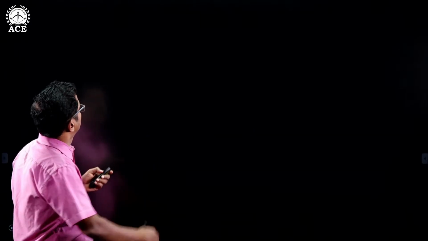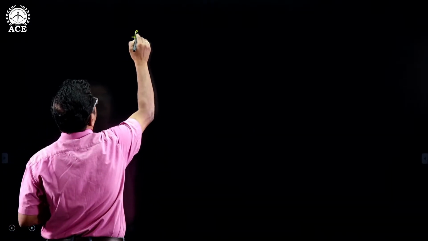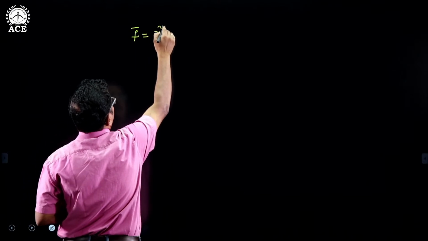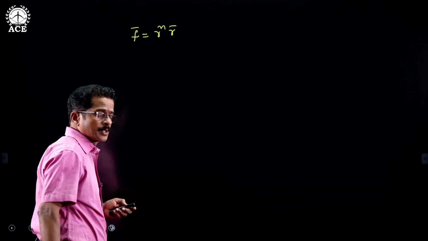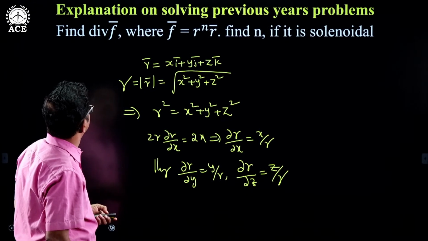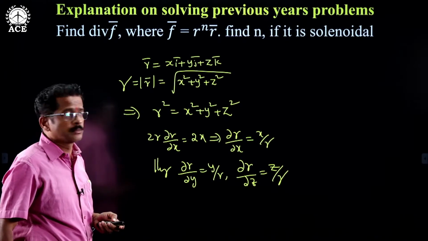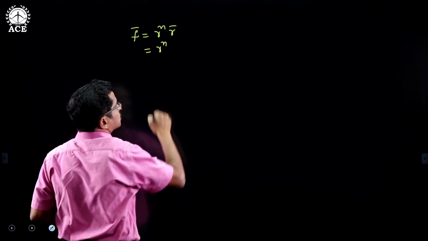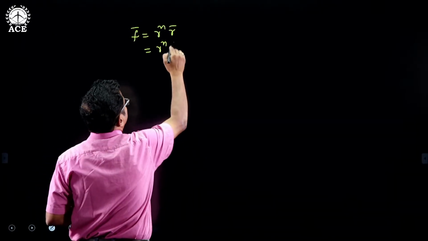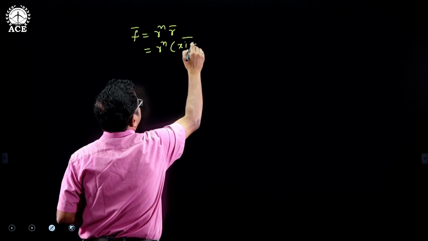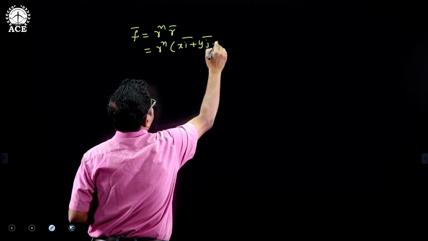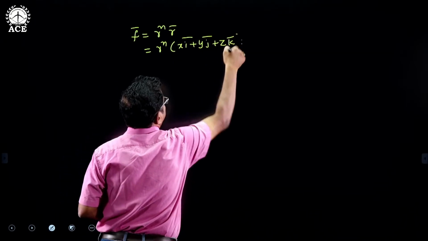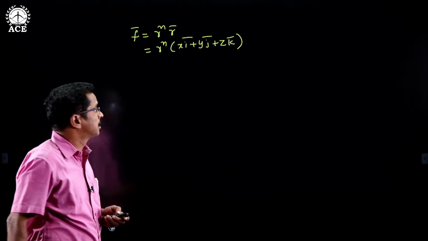Now I am going to f bar. F bar equals r power n into r bar. Now I have to find the divergence of f bar. So here first you expand it. r power n into r bar is x i bar plus y j bar plus z k bar.